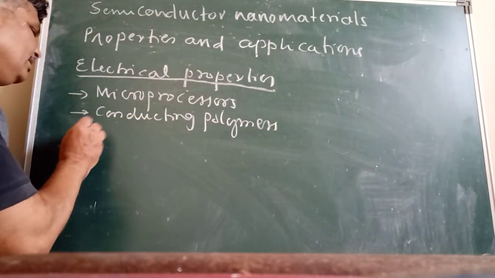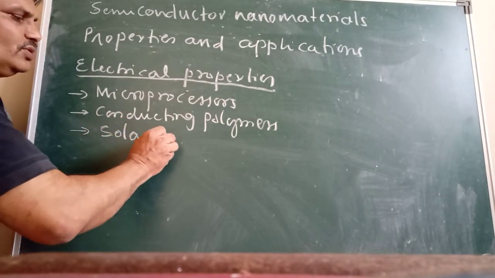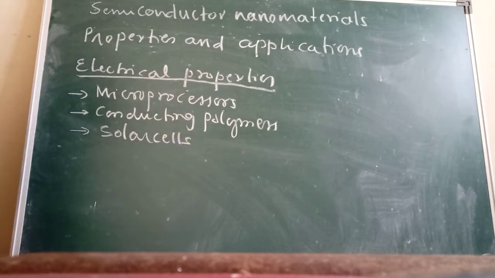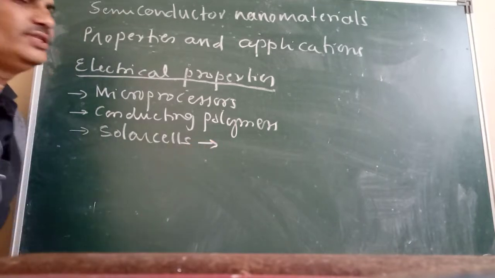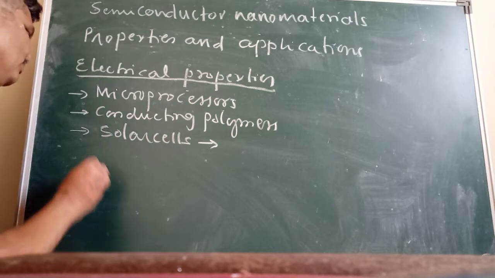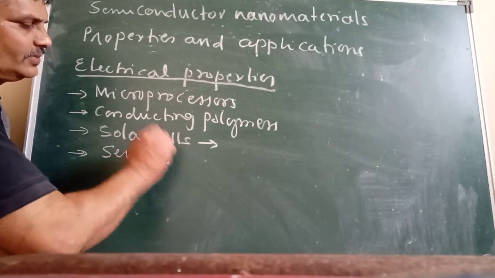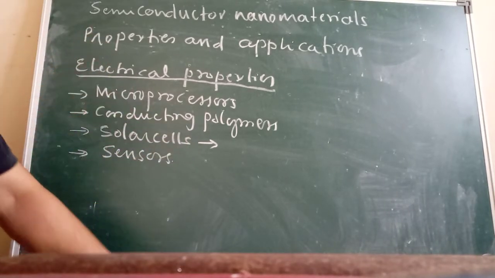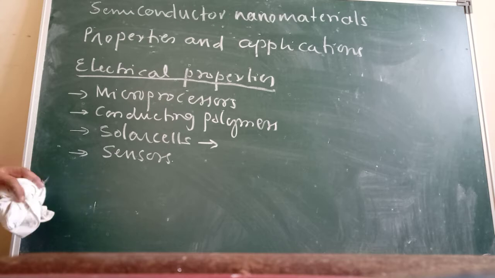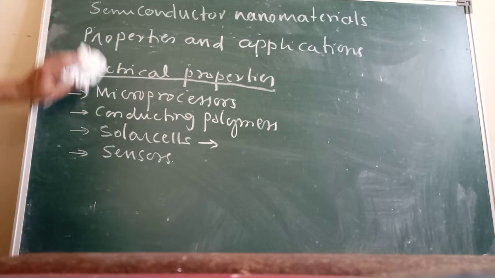Another one is solar cells, or photovoltaics, to increase the efficiency of the solar cell. It is also used to produce sensors. So that gives novel electrical properties and applications in various fields.